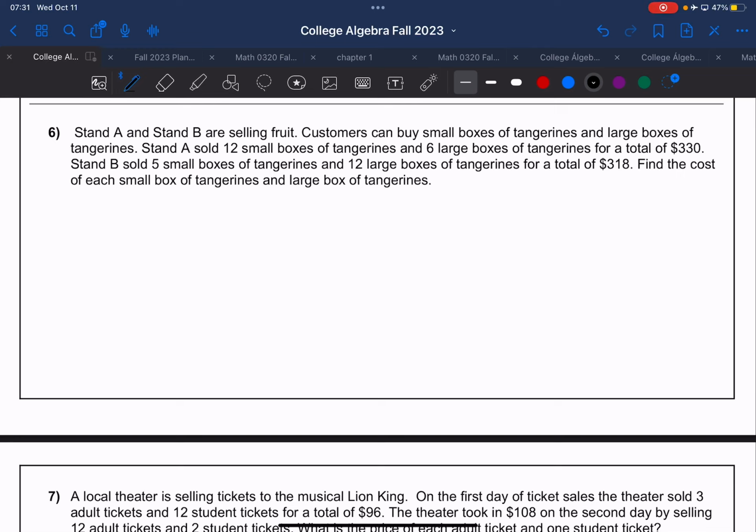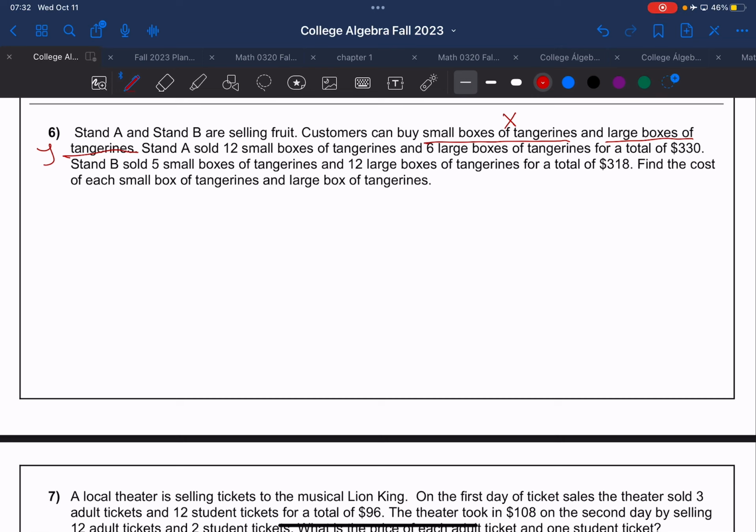Customers can buy small boxes of tangerines and large boxes of tangerines. So that right there is telling you what our variables are going to compare. So what do we want to label the small box of tangerines? Sure, we can label it X. So that means the large box of tangerines we're going to label Y. Okay, so we have our X and our Y.